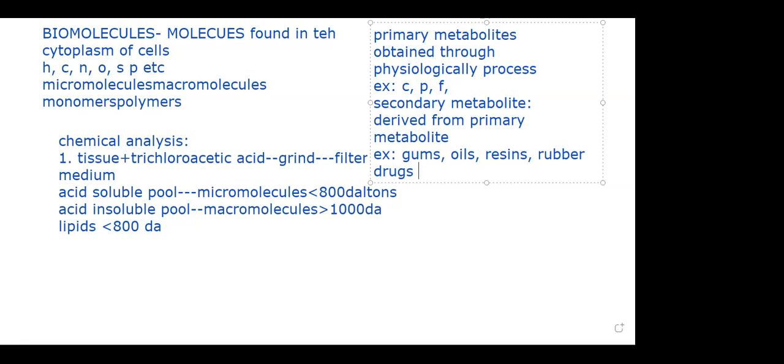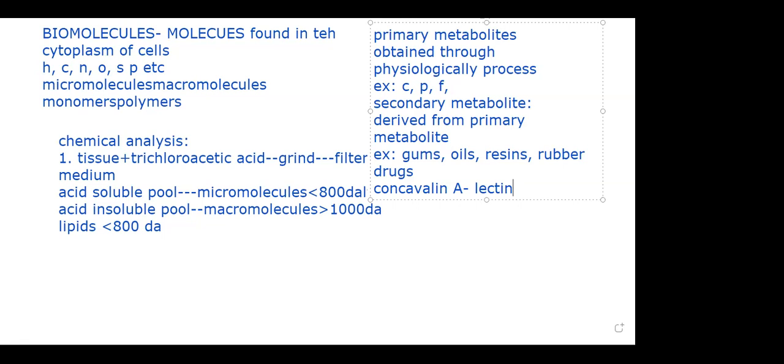This is important. Mark this, because based on this they are going to pose the question. Drugs include vinblastine and curcumin extracted from turmeric. Vinblastine and vincristine are anti-cancerous drugs which are used to treat cancers.